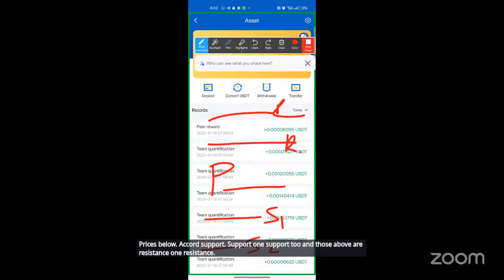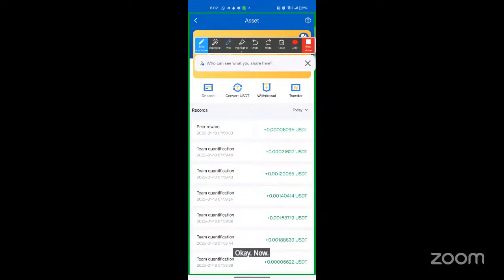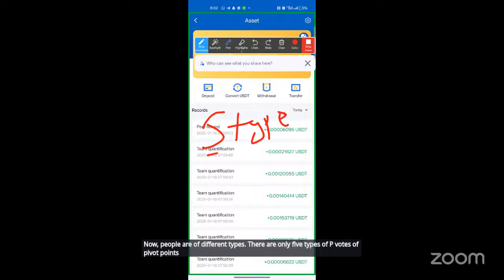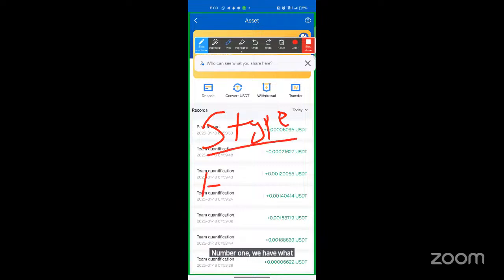Okay? Now, pivots are of different types. There are around 5 types of pivot points. Number 1, we have what we call the standard pivot point. It's the most common. Then we have the Fibonacci, which uses the Fibonacci numbers.